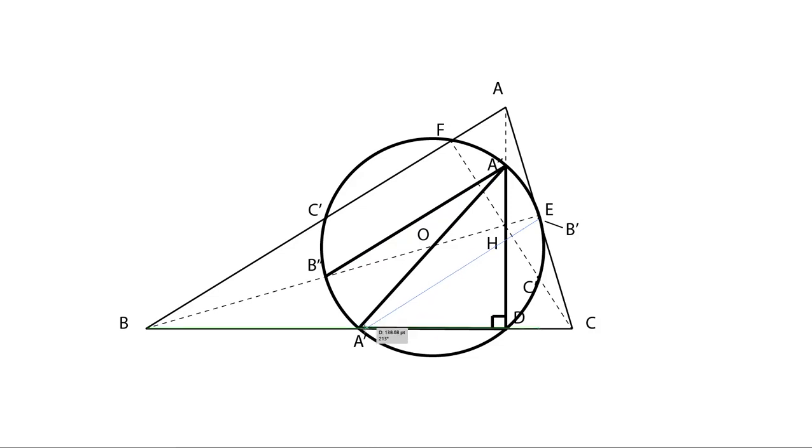We'll also make a rectangle with these 4 points. And the cool thing about this rectangle is it has the exact same center, because one of its diagonals is B prime B double prime. So this circle is going to go through not just B double prime and C double prime and B prime and C prime, but it's also going to go through A prime and A double prime.